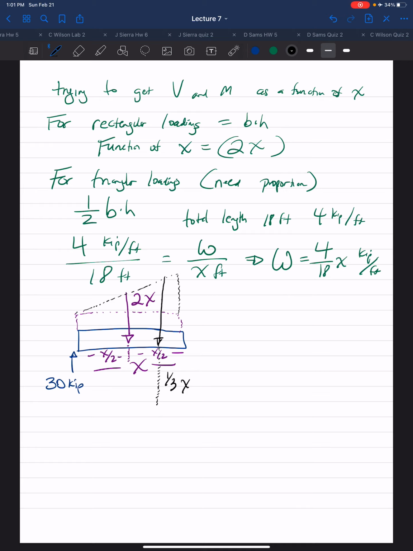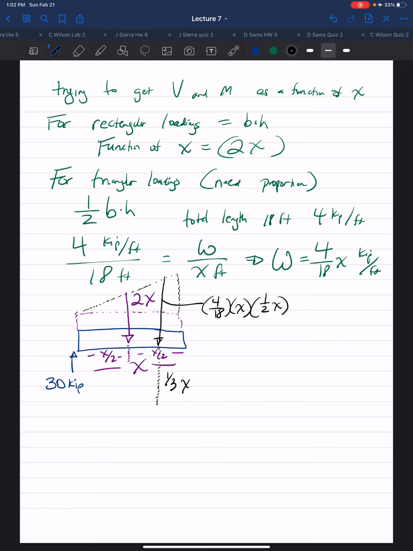And this resultant force would be our W we solved for, which is 4/18 x times, so half the base times the height times 1/2 the base x.